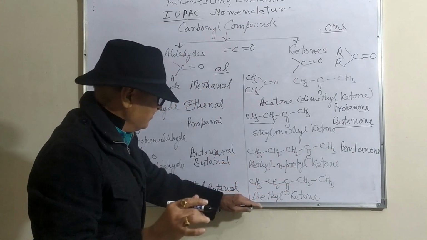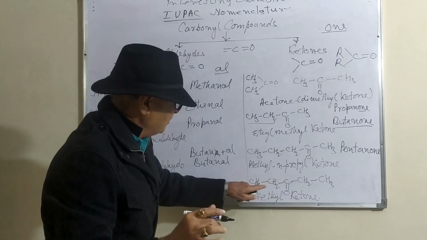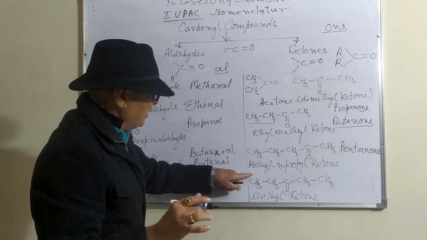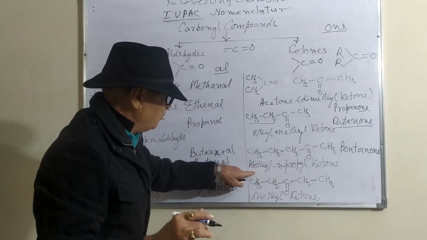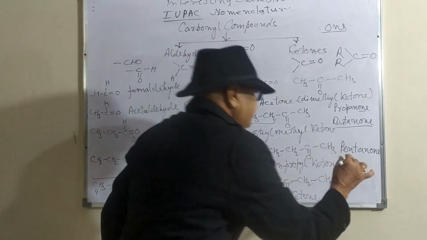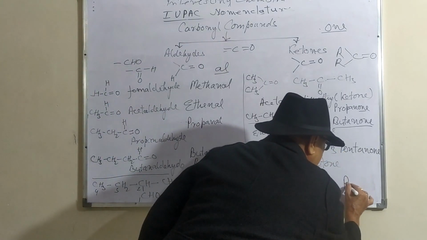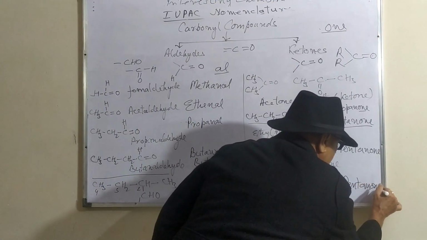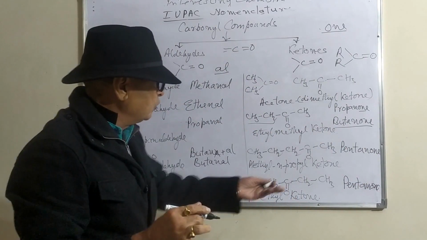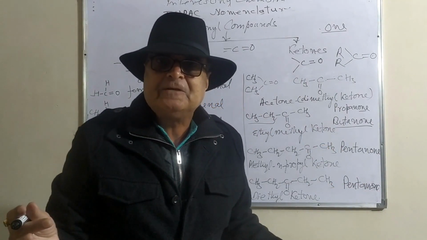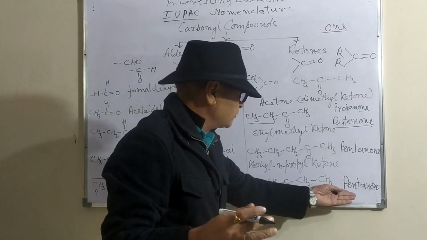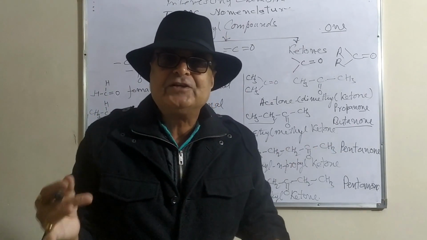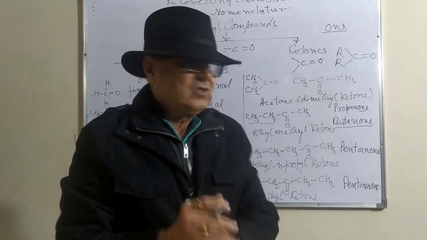And again here comes diethyl ketone, and the longest chain is 5 carbons. So again the name of this compound will be pentanone. So there are 2 pentanones, very surprising. How will you differentiate these 2 pentanones?